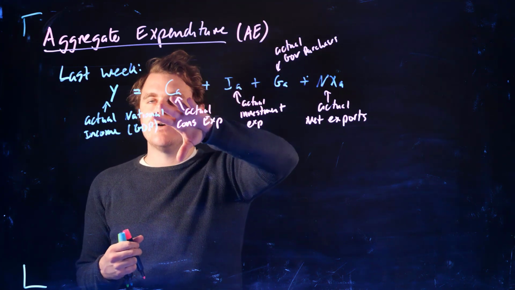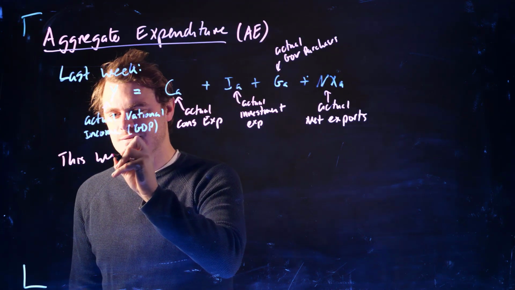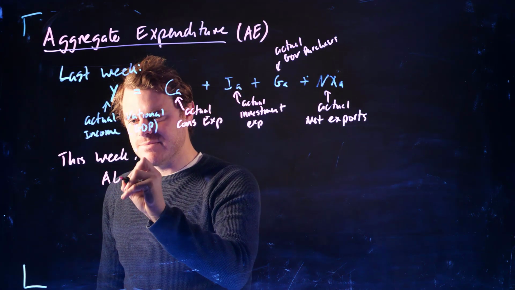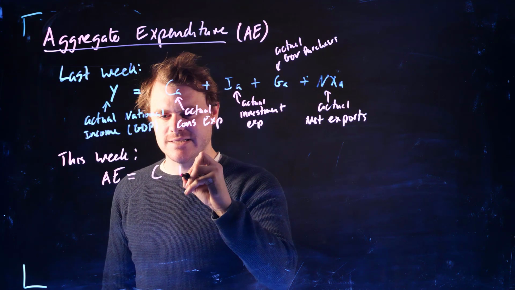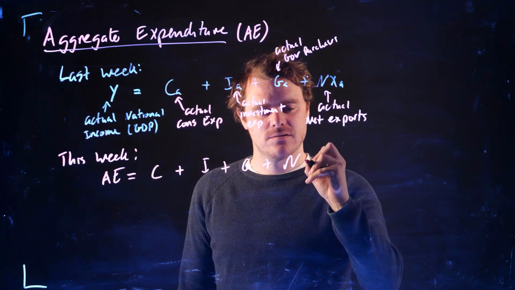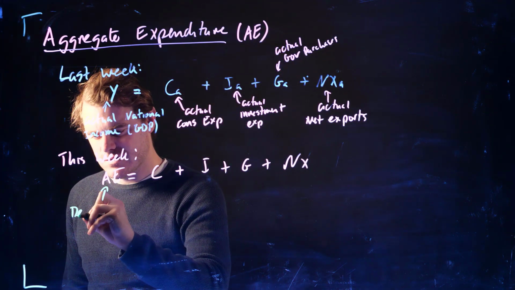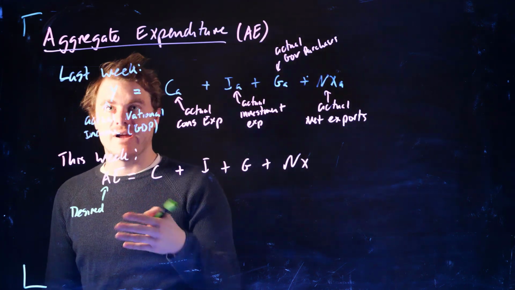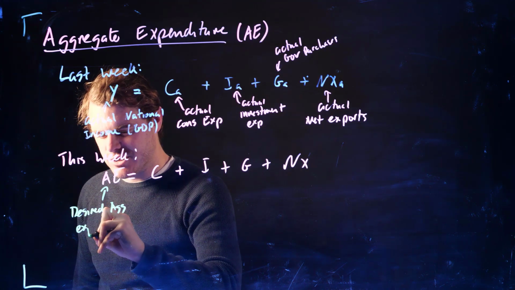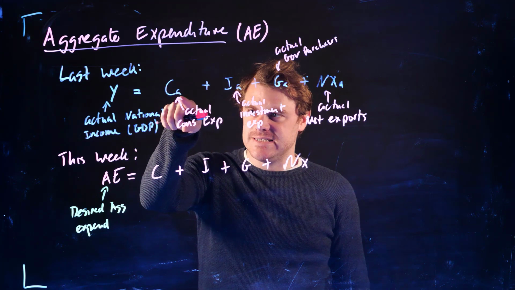When we're thinking about desired aggregate expenditure, this week, we're thinking about aggregate expenditure equals, and it's going to look the same but without the A's. So now this is desired aggregate expenditure.